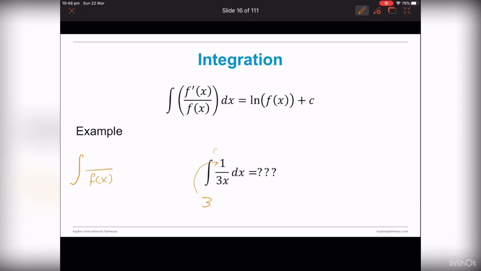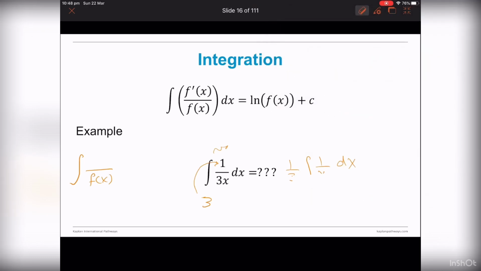No. Therefore, we can take 1 over 3 outside as a number, and then the integration of 1 over x dx. So now it is 1 over 3 ln x plus c, which is the constant of the integration.